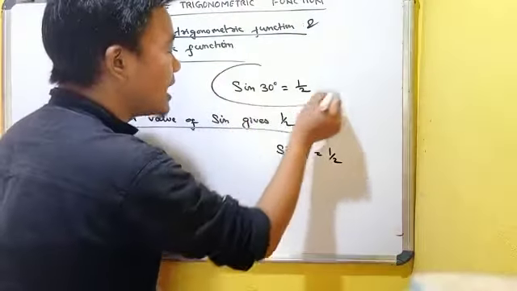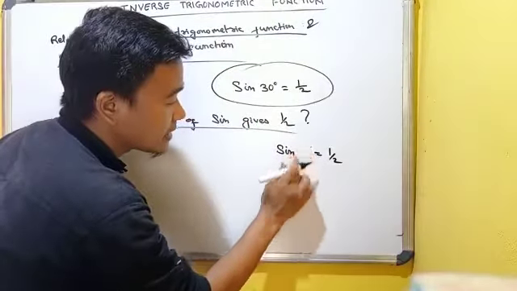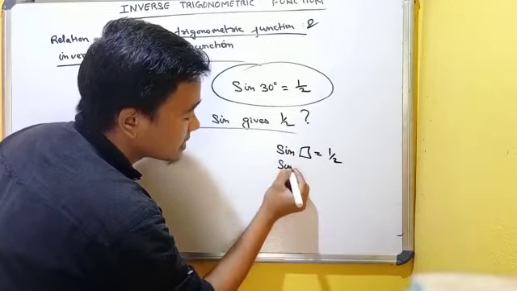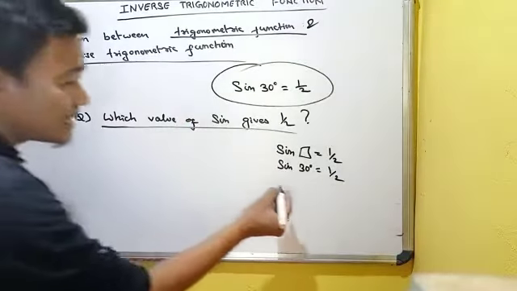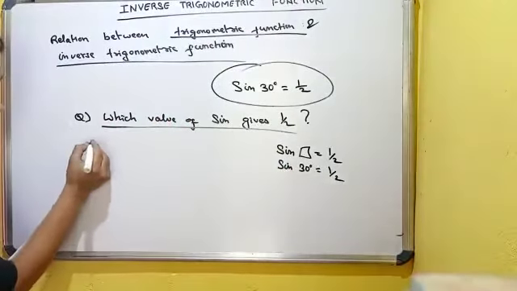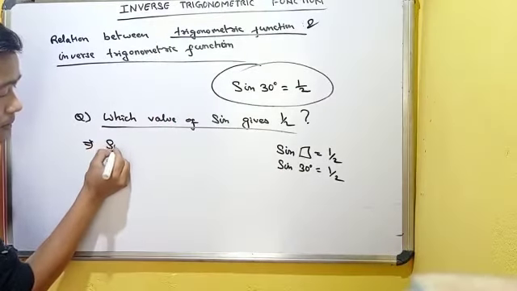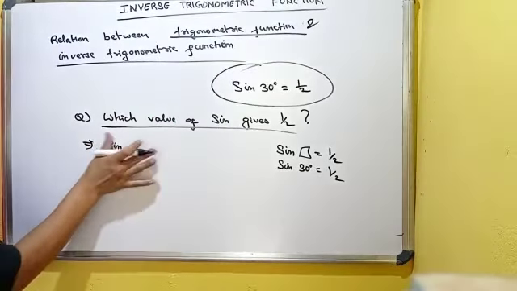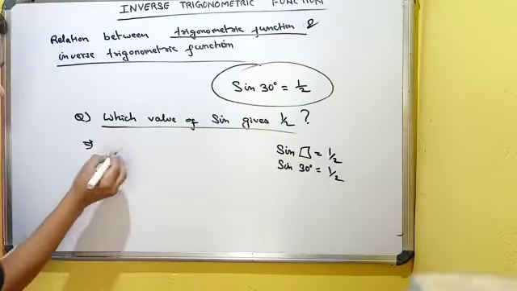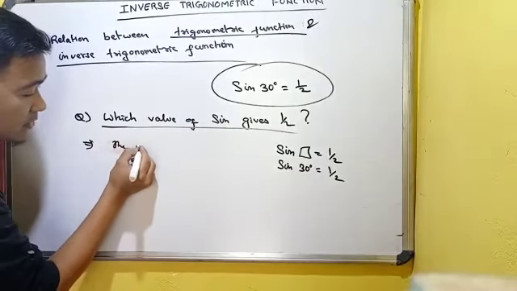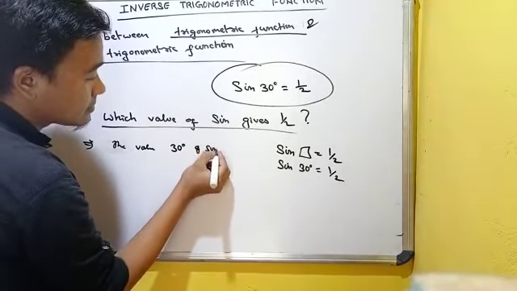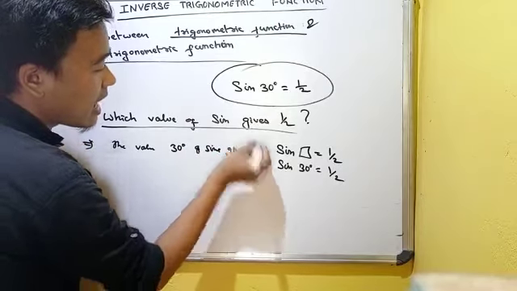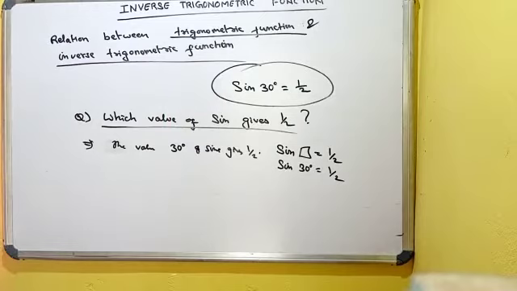Since we already know that sine of 30 degree is equal to half, then by comparing these two, you can easily say that the value 30 degree of sine gives half. So this is the very question which leads to the foundation of inverse trigonometrical functions.